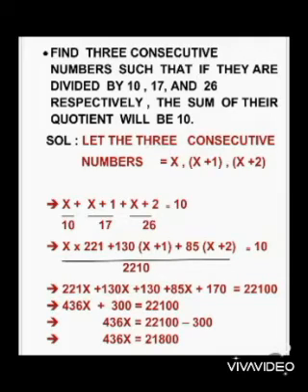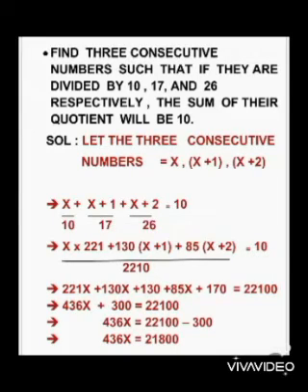Okay. Now let us simplify this one. x into 221 is 221x plus 130 into (x plus 1): 130 into x is 130x plus 130 into 1 is 130, plus 85 into x is 85x plus 85 into 2 is 170. Now, which is equal to 10.